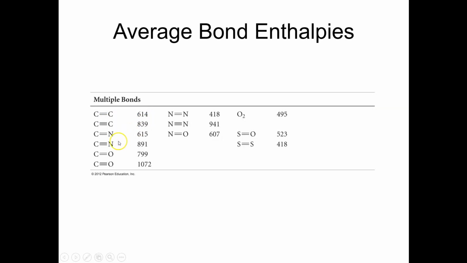And these trends continue. A carbon-nitrogen triple bond is stronger than a carbon-nitrogen double bond. A carbon-oxygen triple bond is stronger than a carbon-oxygen double bond. A nitrogen-nitrogen, etc. And again, both of these slides are from the same table.